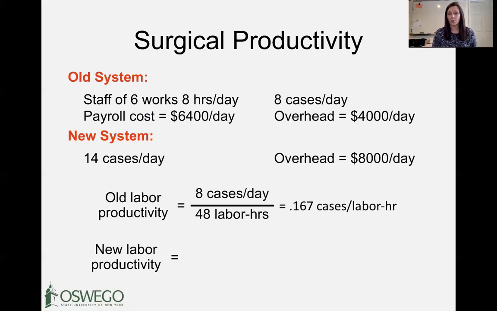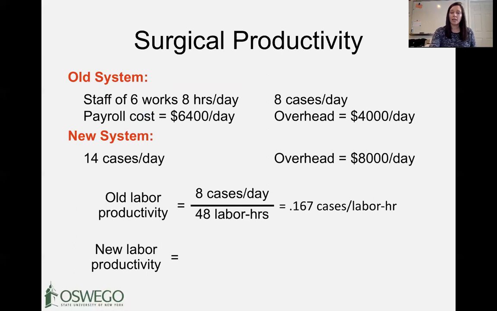You can oftentimes do cases now as outpatient procedures, where in the past the patient would have to stay because it was a more intense surgery. But now, with the support of this Da Vinci machine, you're able to do 14 cases per day in that operating room. But you also have some additional overhead expenditures because of this new medical technology. So now we'll say that our overhead is about $8,000 per day.